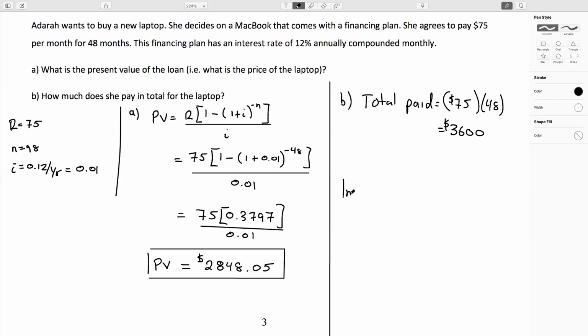So interest is $3,600 minus $2,848.05. She will have paid $751.95 in interest.